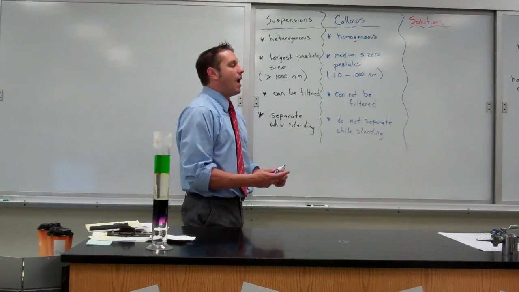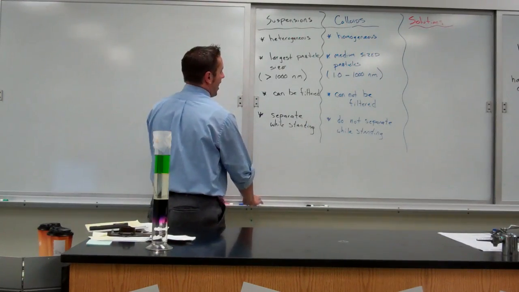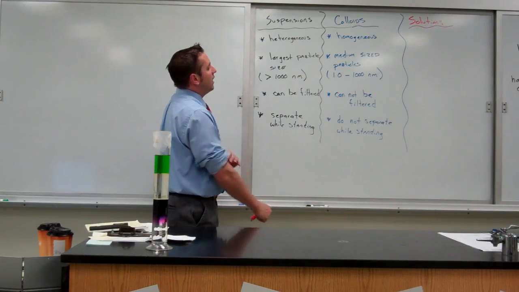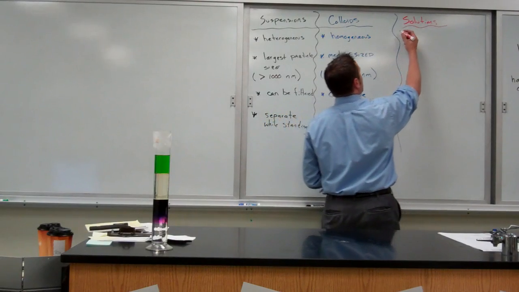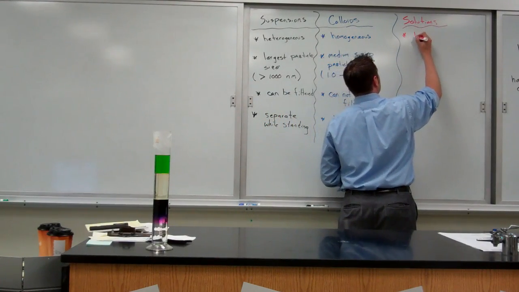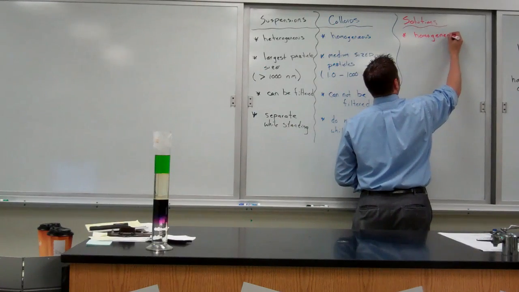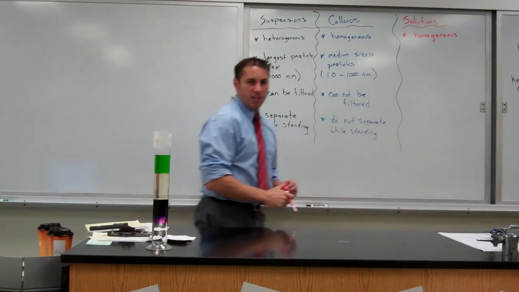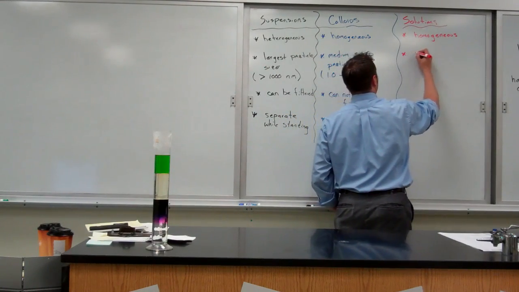Now, it's easiest to talk about colloids in solutions before we show examples, and you'll see why in a moment. But our categories of solutions, characteristics, are that they are also homogeneous. They have very small particles.